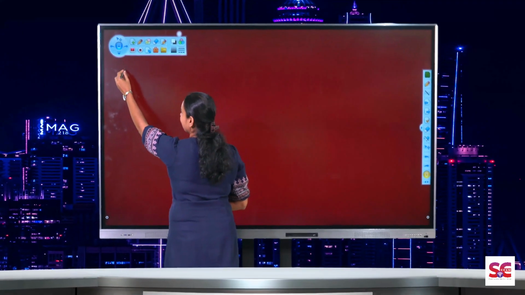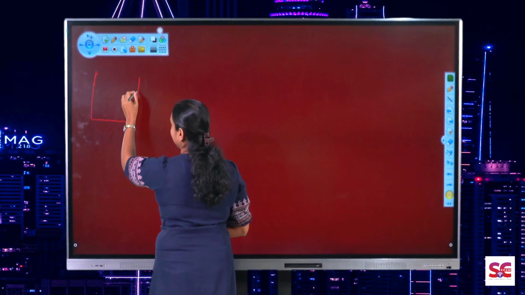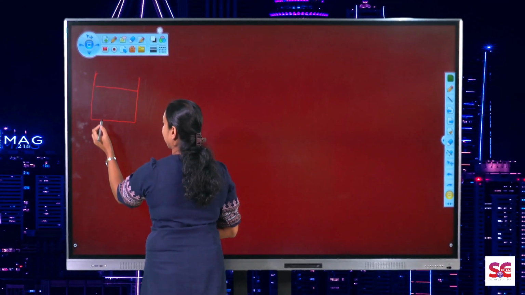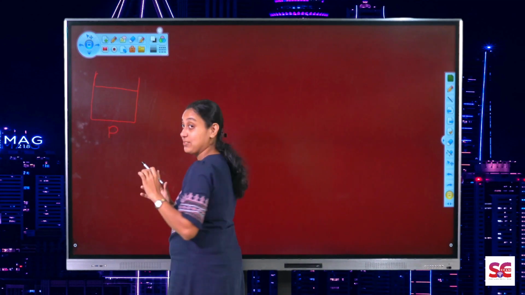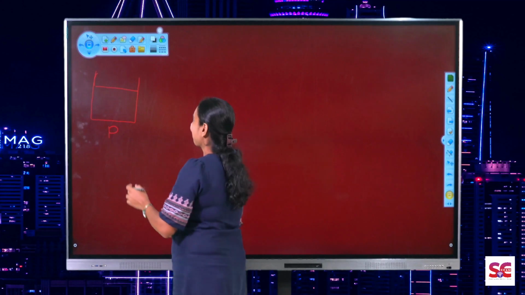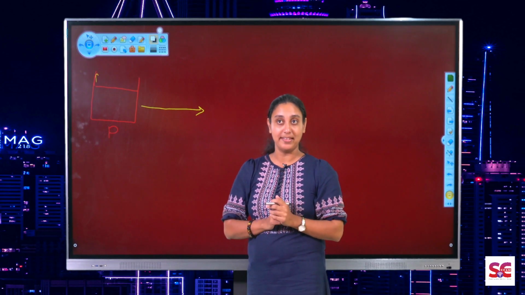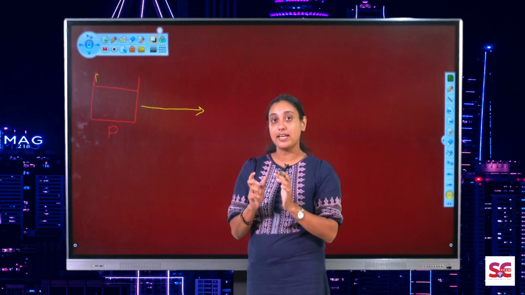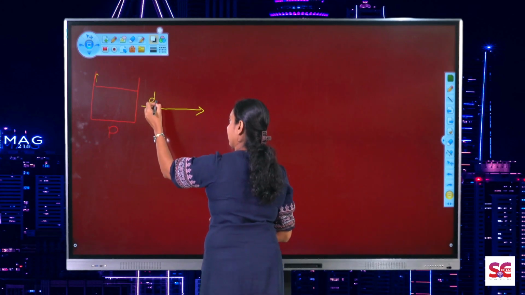I consider a cation sample this way. Just consider it's a cation sample. It consists of a lot of cations, right? In this cation sample, as a first reagent, I will apply dilute HCl acid.